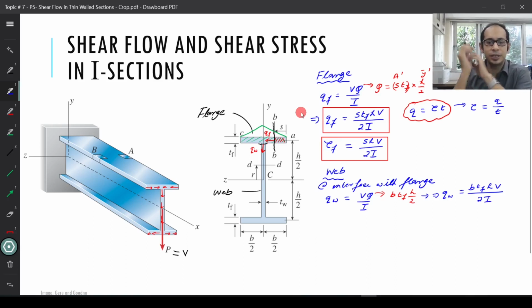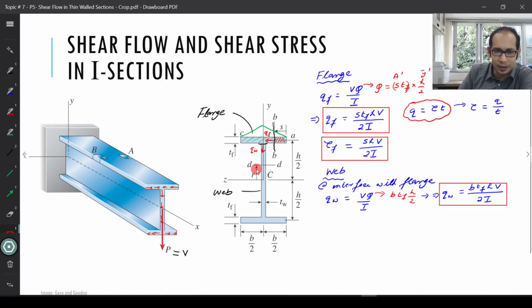So this is the value of q that you get at the interface. Now if you go a little bit further down the section, instead of calculating here, if you calculate slightly below, exactly at the centroid, you can derive.